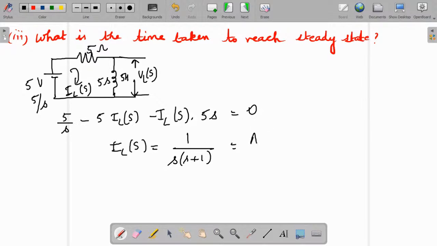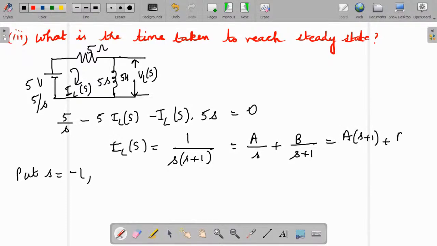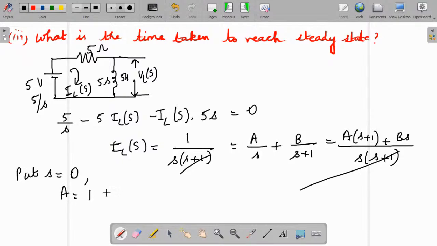So we write it as A by S plus B by S plus 1, using partial fractions. So 1 is equal to A into S plus 1 plus BS, and we equate. Put S is equal to 0 first to find A: A is 1.